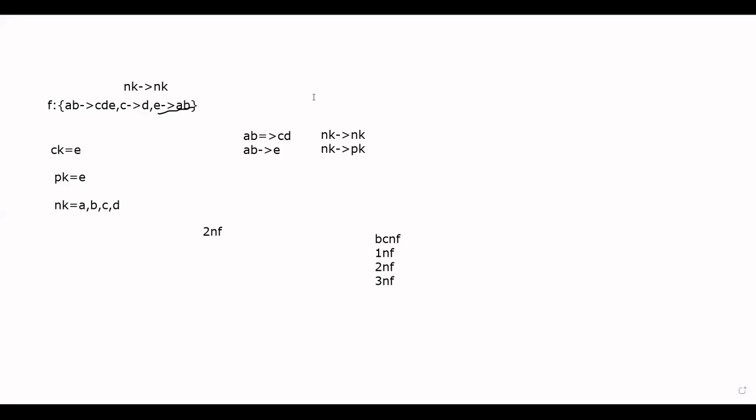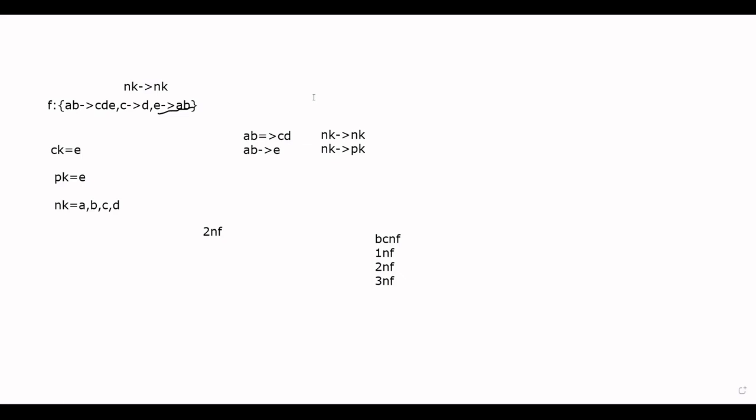Here all dependencies should satisfy one normal form. So here all three functional dependencies satisfy 2NF, not BCNF. BCNF is satisfied by only one functional dependency, and the remaining are 2NF. Yes, ma'am, understood. So that's why the answer of this question is 2NF.